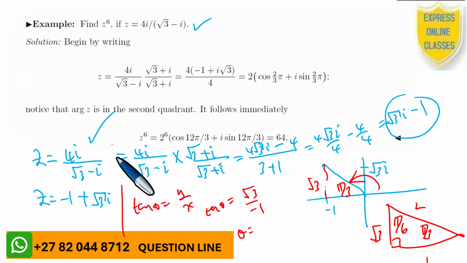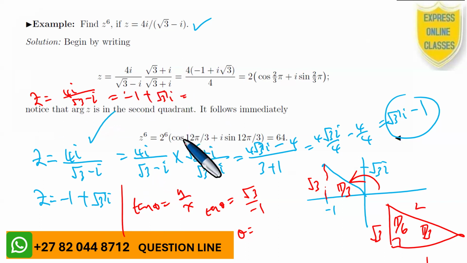Now at this point, you must first write this complex number. So in other words, z, which is equal to 4i divided by the square root of 3 minus i, is minus 1 plus root 3 i. What is the modulus of this number?